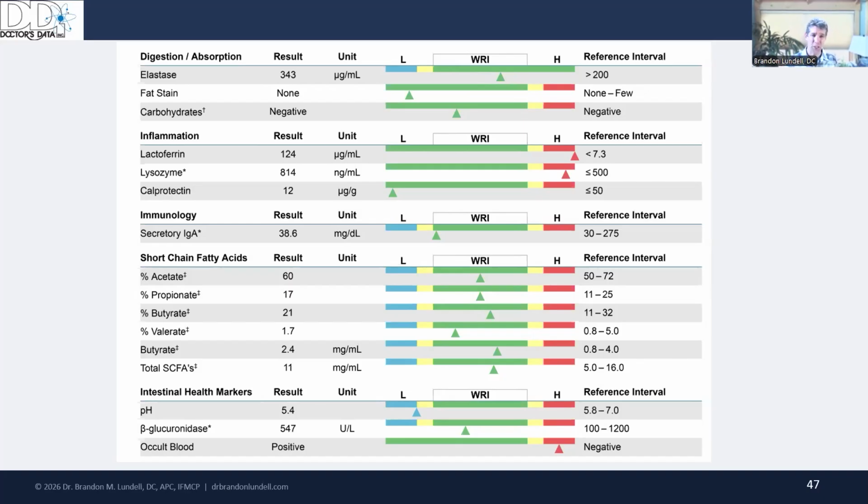If you have secretory IgA that's low, that could be chronic stress or low immune function. If you have secretory IgA that's elevated, that can be associated with pathogenicity, so the body is actually trying to fight pathogens. One of the ways I increase secretory IgA if it's low is Saccharomyces boulardii.